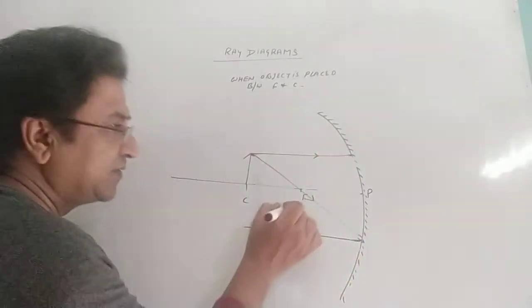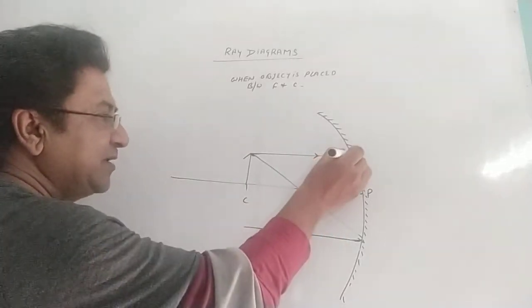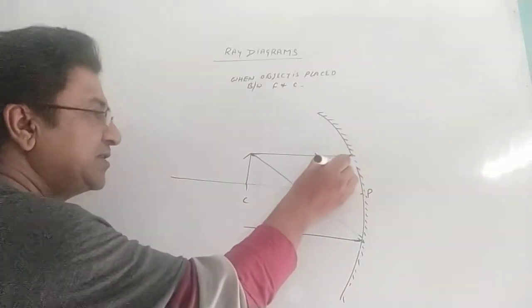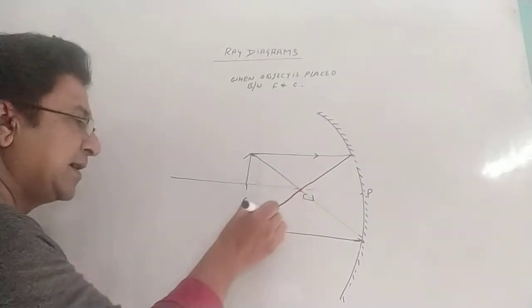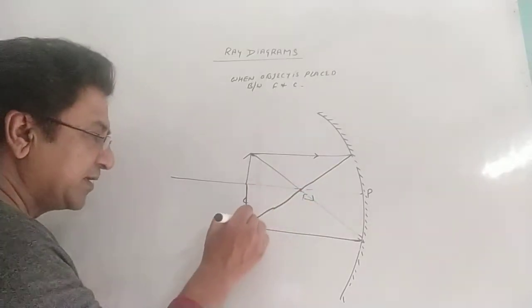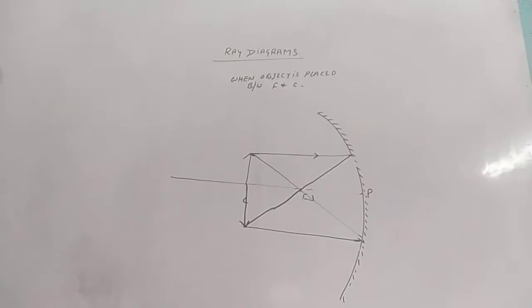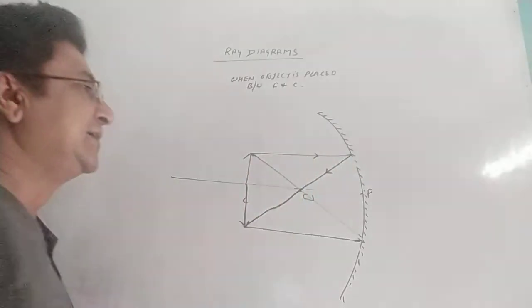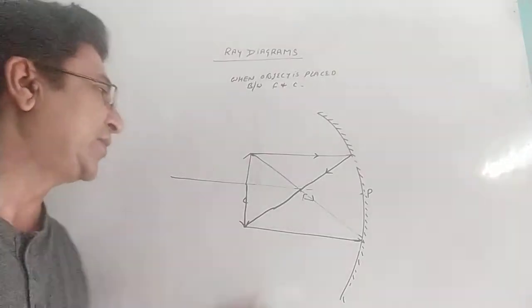After taking the third rule first and then the first rule, you will find, I don't have a logic to do it, but it actually happens. The image is actually formed just below the center of curvature. How it happens, I don't have a logic, but it works. So it will save time, right?